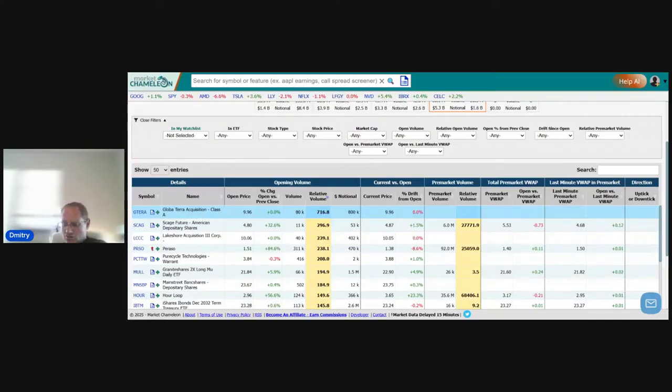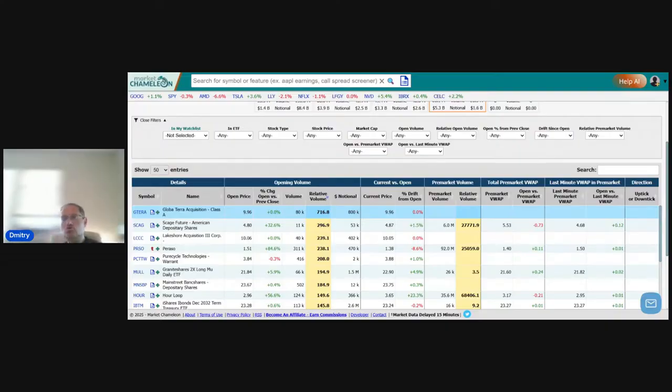But the opening auction accumulates orders, buy and sell orders, before the market opens. Right now we're not open yet, so you could enter orders to buy or to sell that qualify for regular hours trading, but not pre-market. Those orders accumulate on a specialist book.